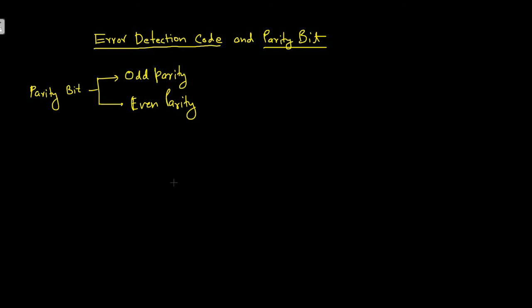This can be understood using one example. For example, there is data which is to be transmitted: 1110011. Now here we see bit 1: 1, 2, 3, 4, 5 bits of 1, which means the total ones are 5.